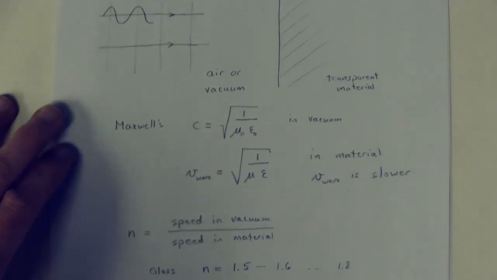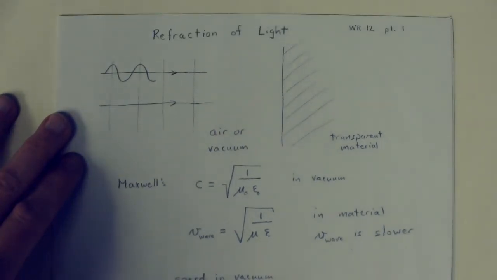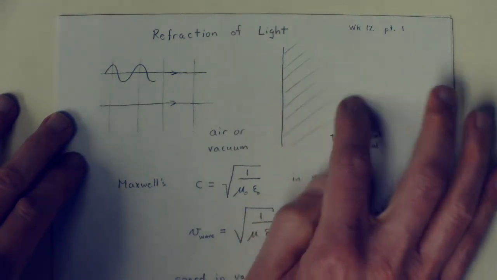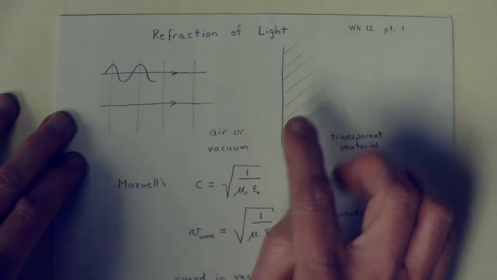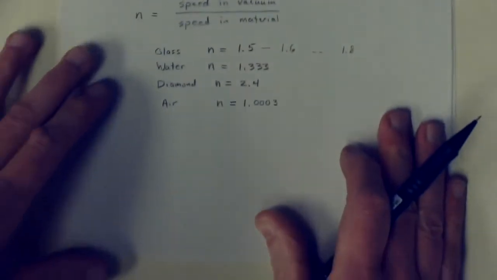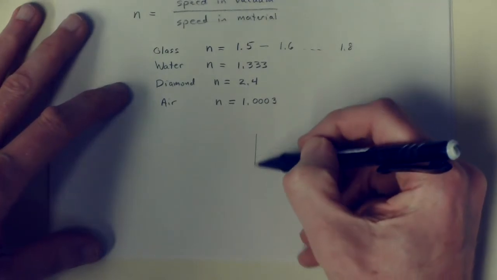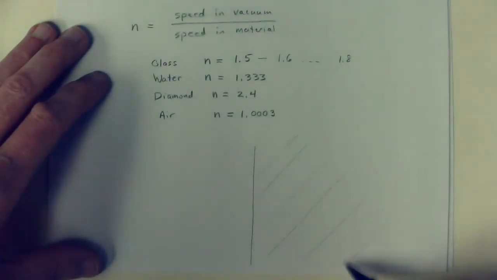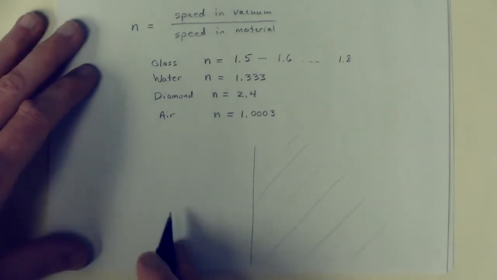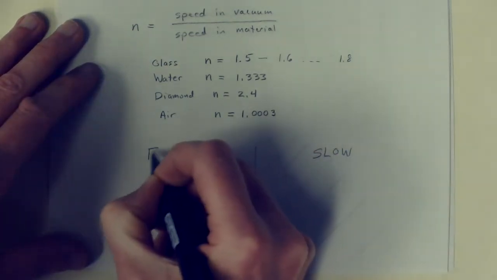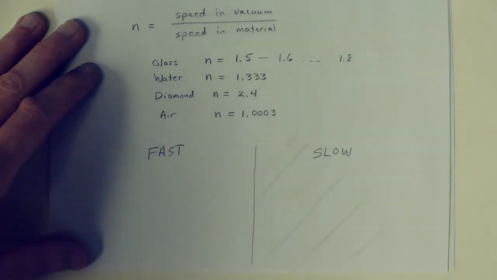And you can understand this in a very crude way by just imagining that if this is a slower speed material here, and you're trying to get from one place to another, let me draw this over again down here. So here's a region that's slower, and out here is fast. So slow speed and fast speed.